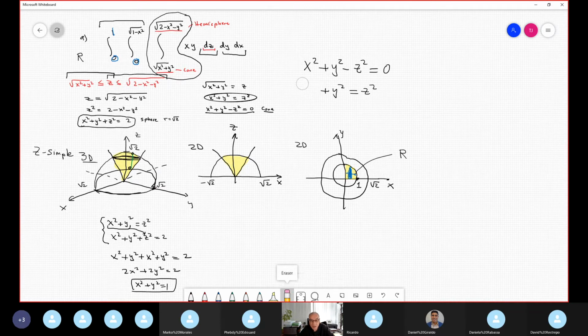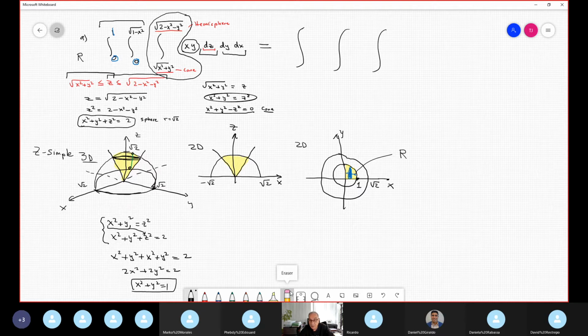Okay, so now in spherical, well, it's done step by step. I change this integral into another triple integral. First of all, I need to change the integrand function. The integrand function is x times y. I have no idea about x times y in this form, so I use the conversion from spherical to Cartesian.